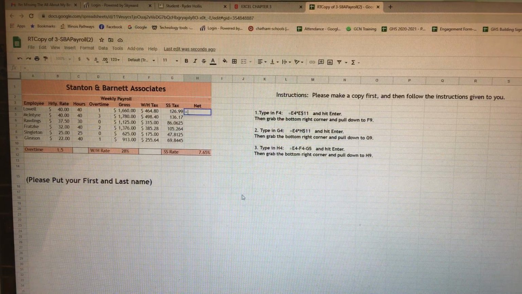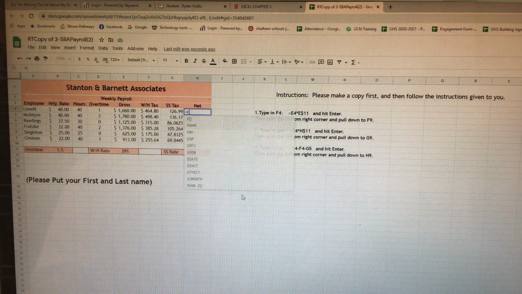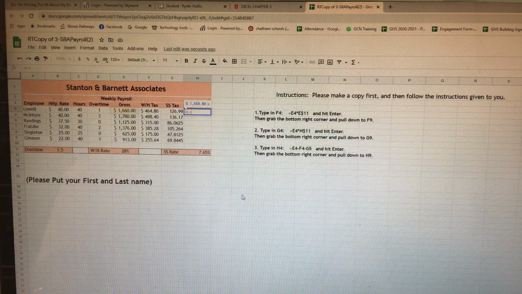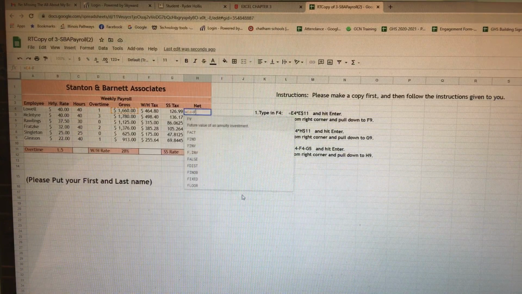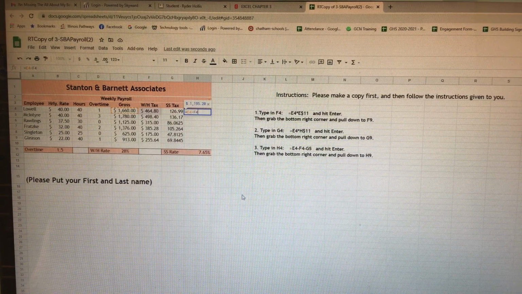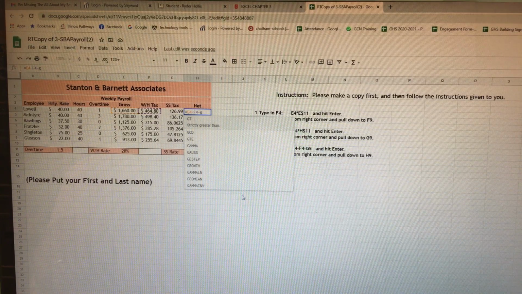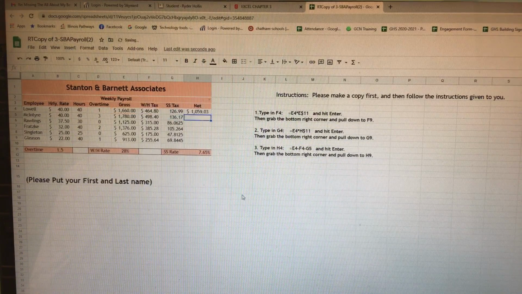I would do E4, and then minus F4, and then minus G4, then minus G5, sorry. And once I hit enter, after I type that in there, then what it does is it actually gives me what the amount was.